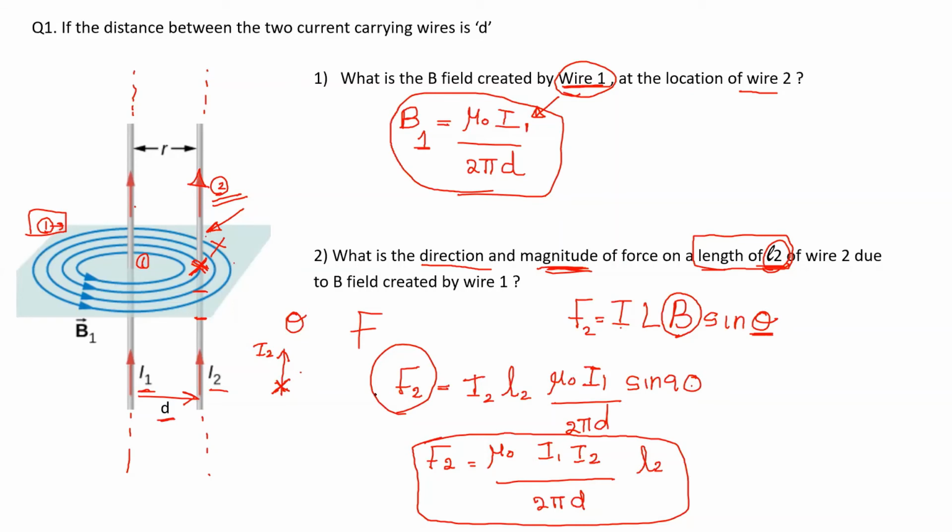Then I curl my fingers towards the B field. Can you see my finger is pointing left? So my force is this way. Force on the second one is this way.